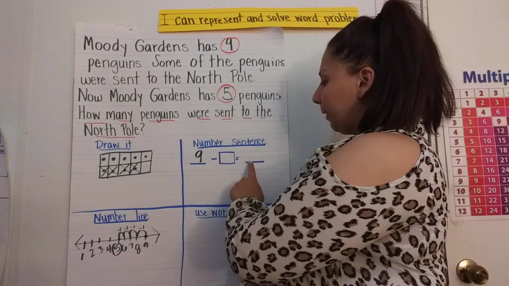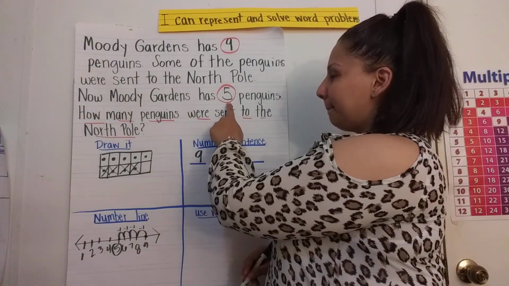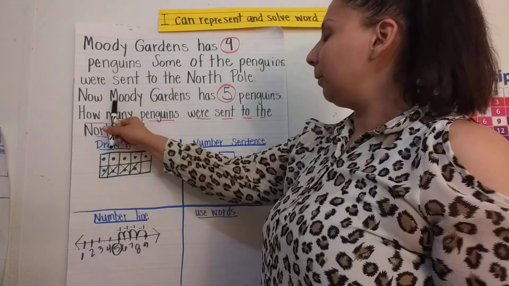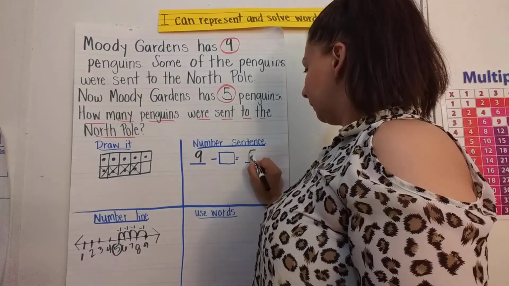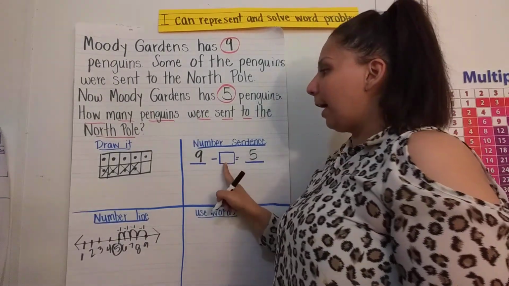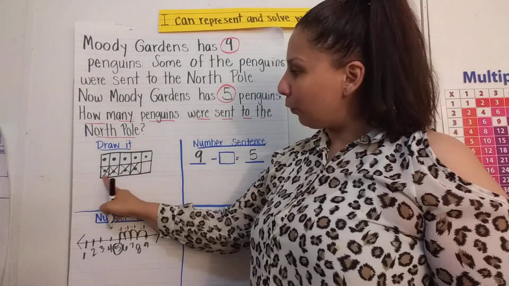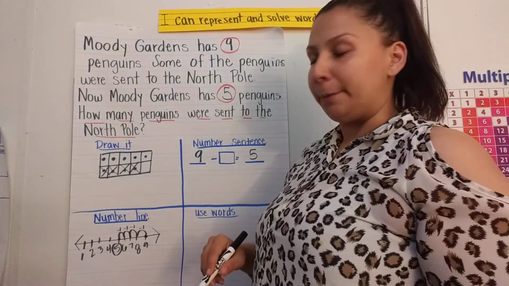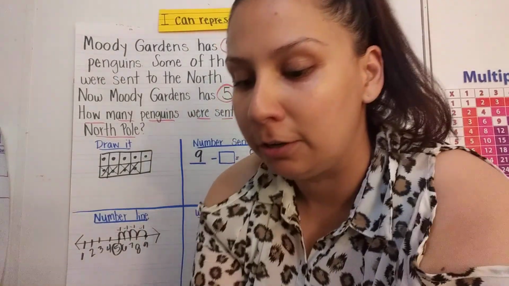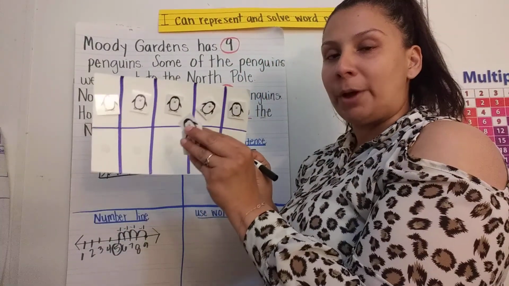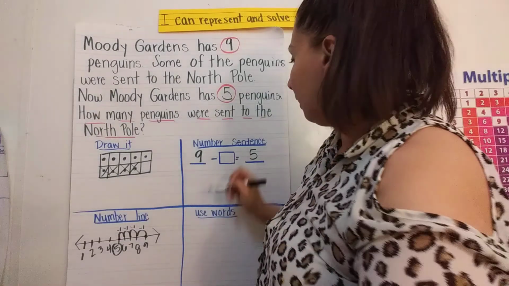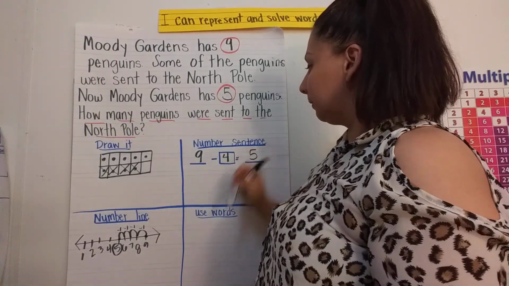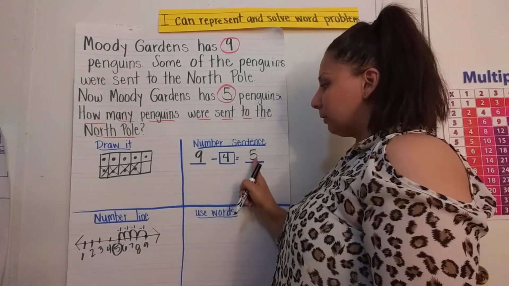And I know we ended up with 5 penguins that were left at Moody Gardens. I know that I had to put 4 X's on my 10 frame, and I took 4 penguins away from this 10 frame. So my 4 is going to go right here. 9 minus 4 equals 5.